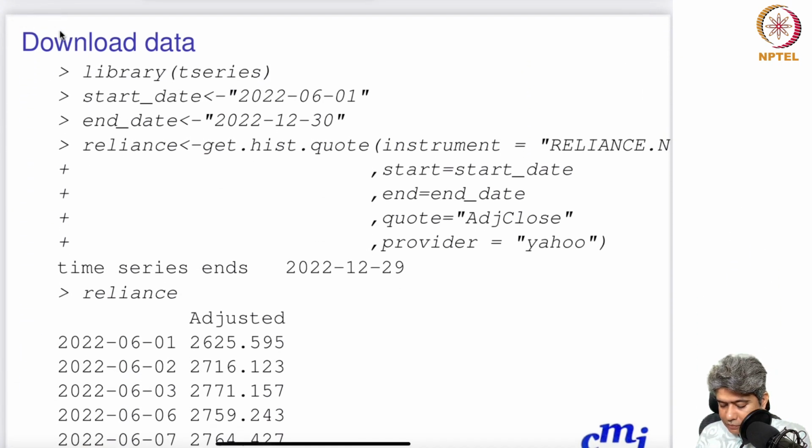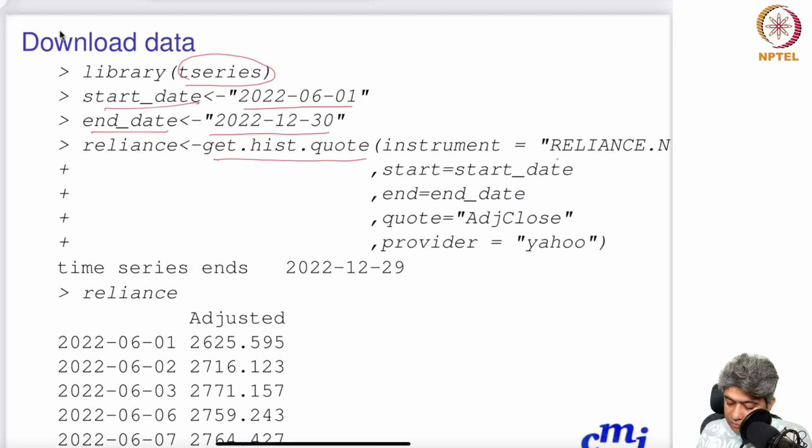Now here is a piece of code which shows how to download data. What we are doing here is, from 1st June 2022 to 30th December 2022, for 6 months, this is my start date and this is my end date. In the tseries package, there is a function get.hist.quote.